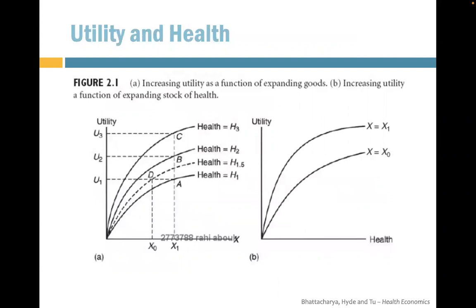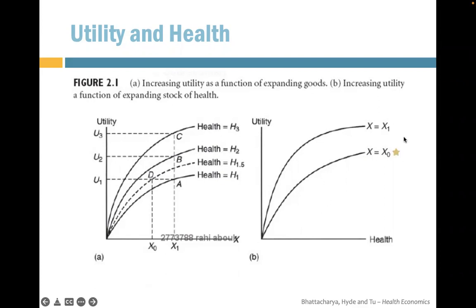Now we are going to look at 2 graphs that show increasing utility as a function of expanding goods and expanding stock of health. Let's take a look at the simpler one, the one on the right-hand side. Let's focus on x equals x0 first.